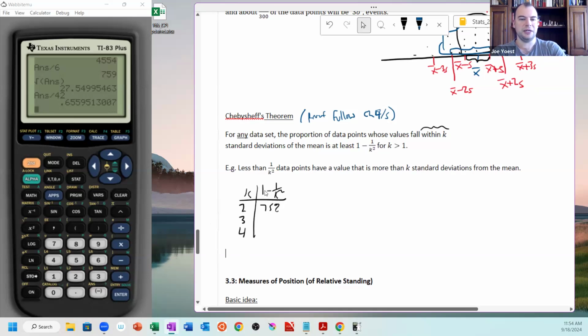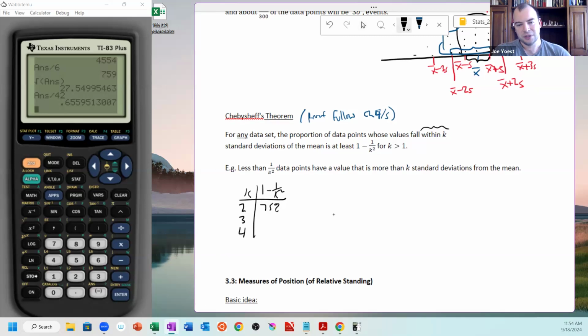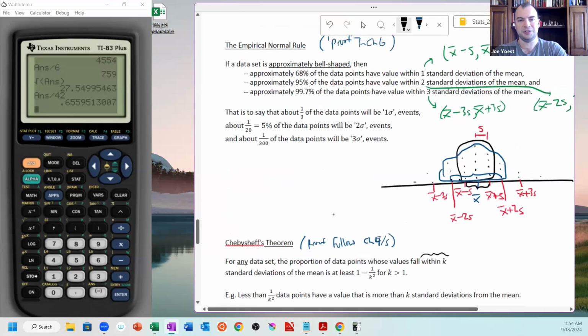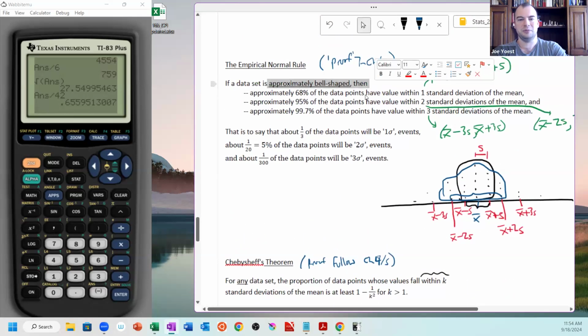For k equals 3, 1 minus 1 over 3 squared, that's 1 minus 1/9, or somewhere about 89%. So we can guarantee with essentially mathematical certainty, plus or minus round off error, that 89% of our data points are within 3 standard deviations of the mean. If we have the additional constraint that we know the data set's approximately bell-shaped, we can do a lot better than that: 99.7% are within 3 standard deviations.